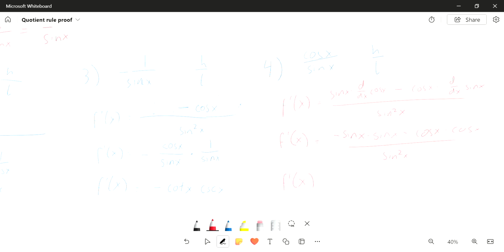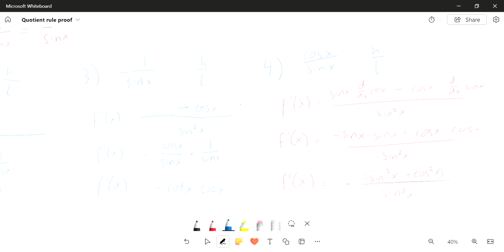So this means we have negative sine x times sine x minus cosine x times cosine x all over sine x squared. And from the numerator, we can take out the common factor of negative 1. And so we'll just put that aside. Sine x times sine x becomes sine squared x. And cosine x times cosine x becomes cosine squared x. And this negative is outside the fraction, so it distributes to every term, which is why I have a plus over here. And this looks familiar.